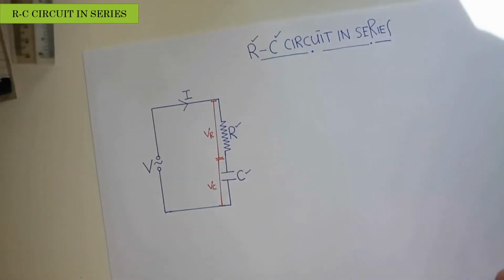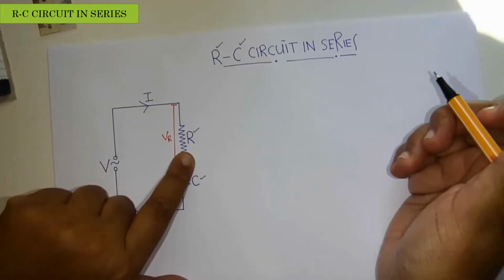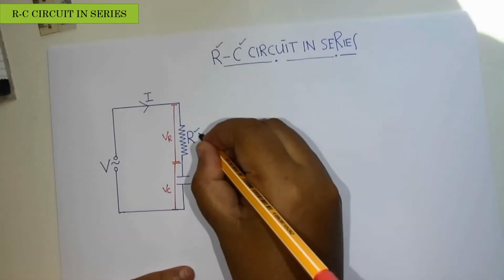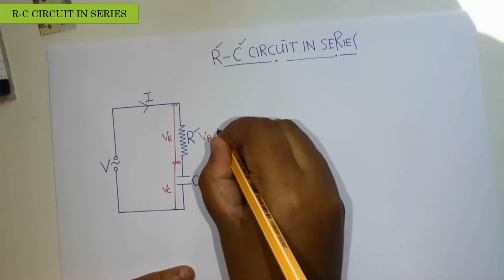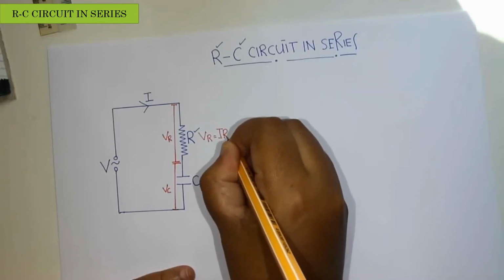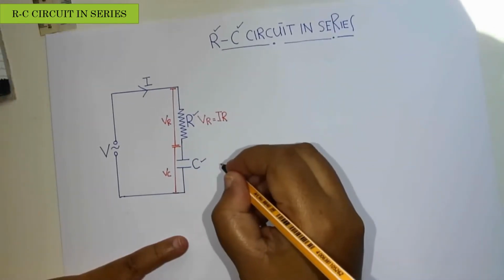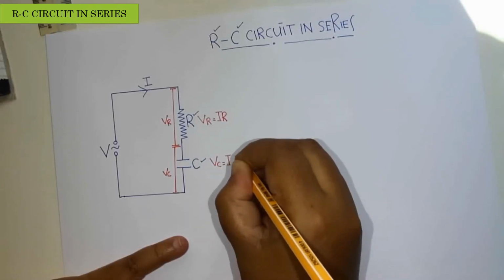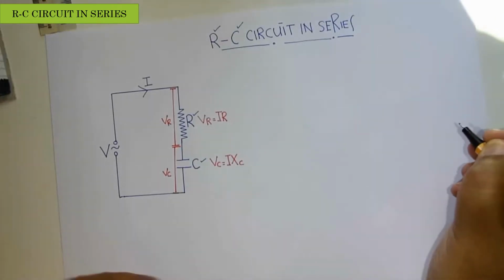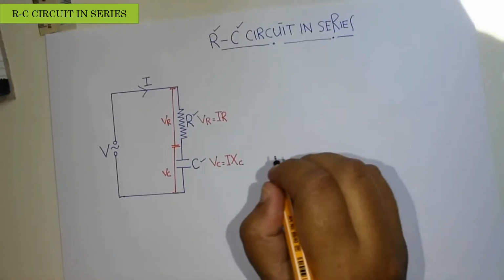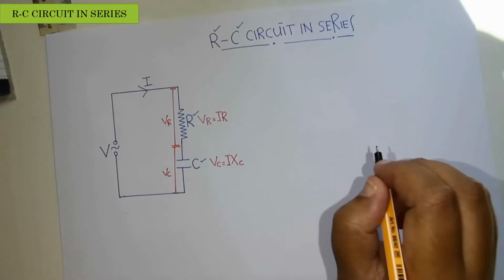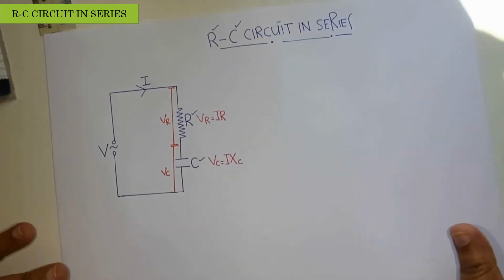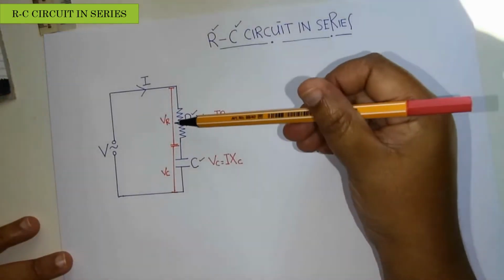Now we know that in the resistor, the voltage VR is equal to IR, and the voltage VC is equal to IXC, where XC is the reactance of the capacitance.